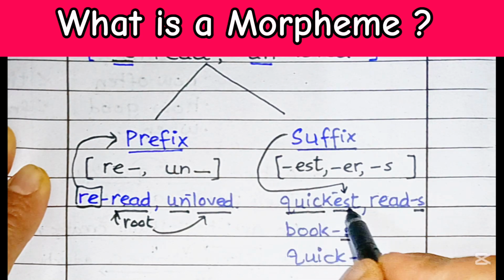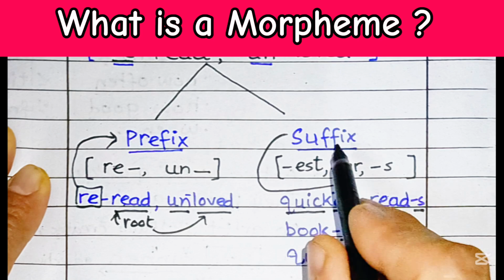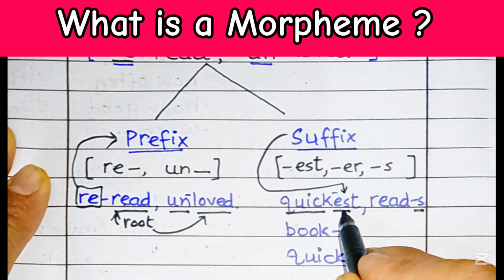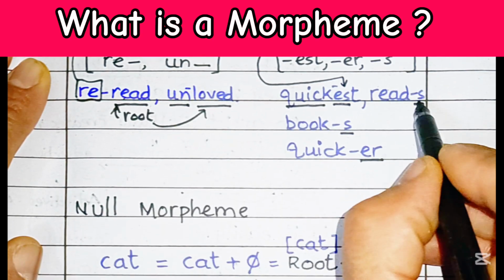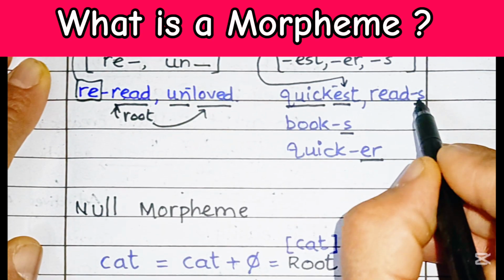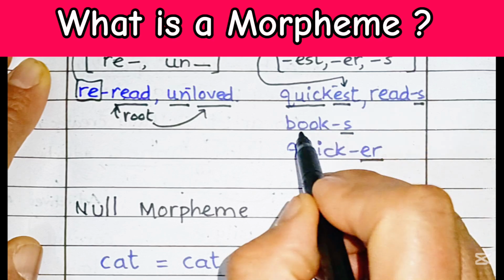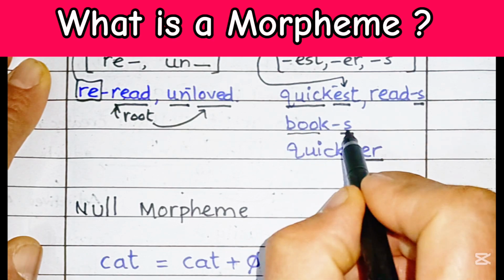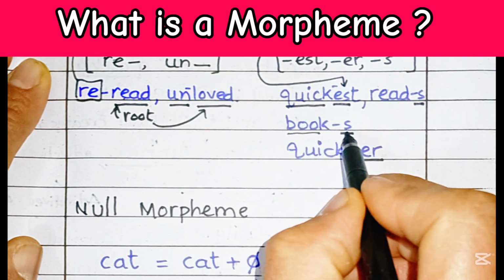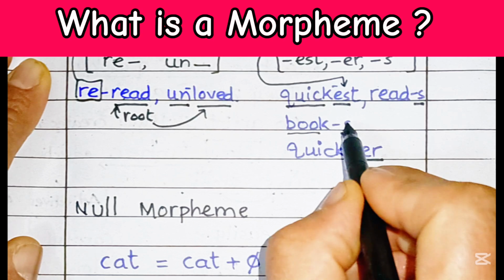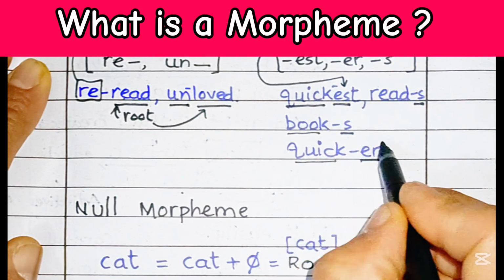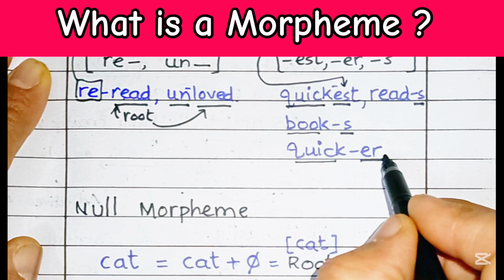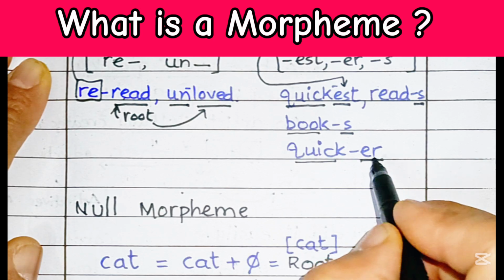Quick is a root, and est is a suffix because it is added at the end of the root. Read is a root or stem, and s is being added at the end, so it is a suffix. Book is a root and s is being added in order to make a plural, so s is a suffix. Quick again is a root and er is being added at the end, so it is one example of a suffix.